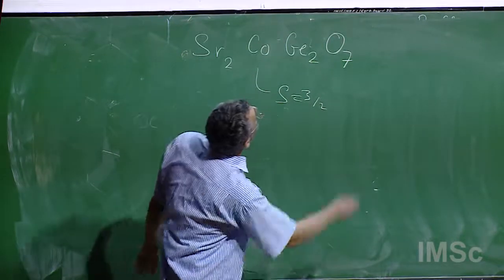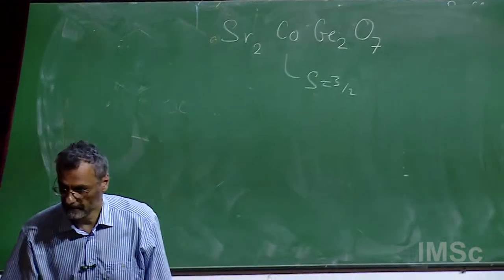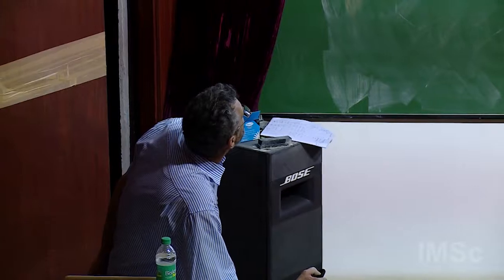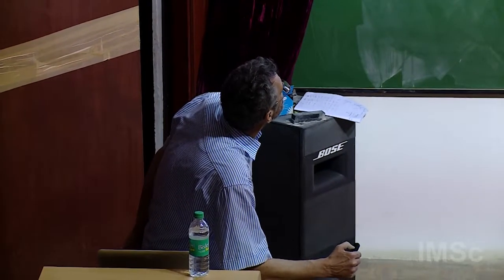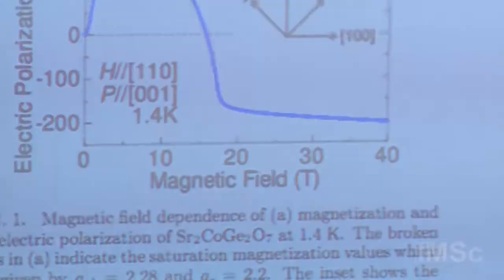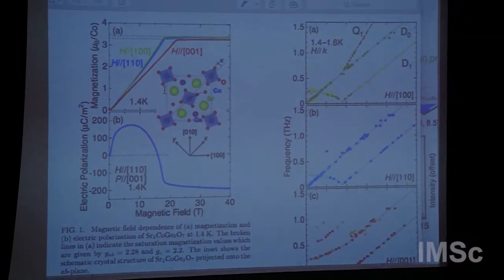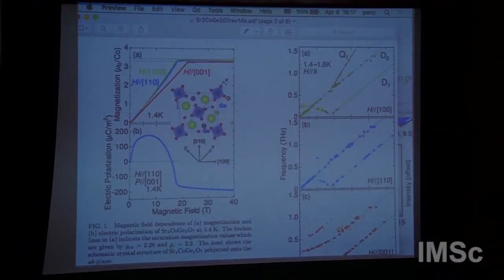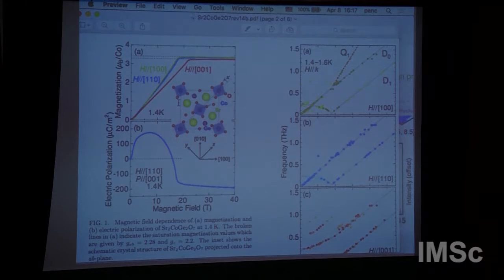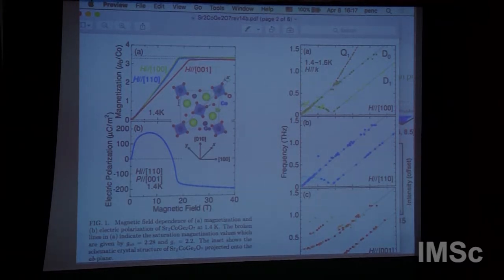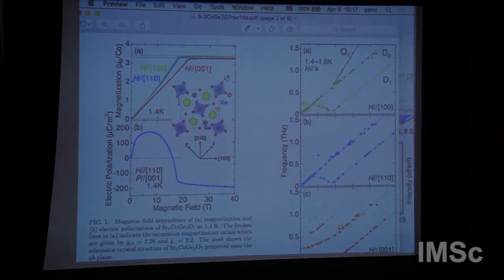The crystal structure is shown on this plot here. What you can see is that the cobalt ions make a square lattice. This is a layered material, so we have layers of squares, and in each square there is a spin 3/2 sitting. They interact antiferromagnetically, so they will have an antiferromagnetic Néel order.